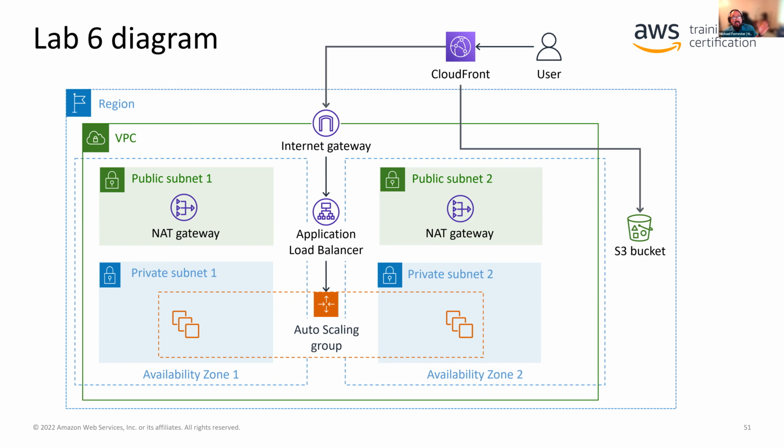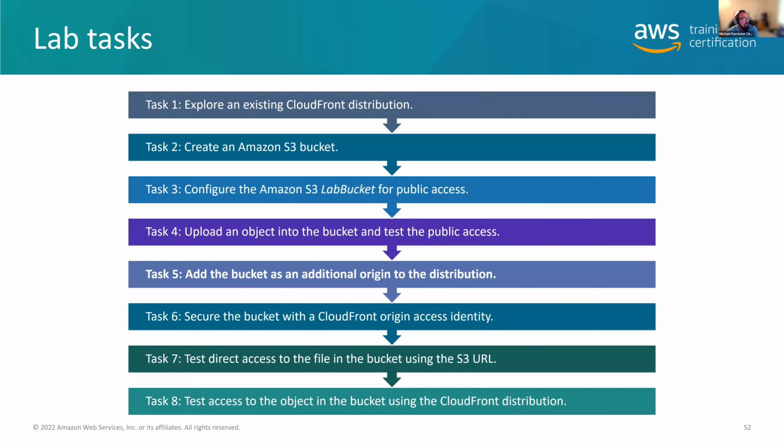So that way people can't get to the bucket directly. They have to go to CloudFront to get it. And then you're going to test direct access to S3, which should fail at that point in time. And then you're going to test access to the bucket using the CloudFront distribution. So you're going to run through a couple of tests. There you're going to see all the different tasks, which of course are going to be laid out in your lab as well.